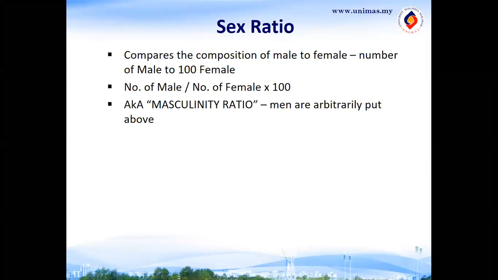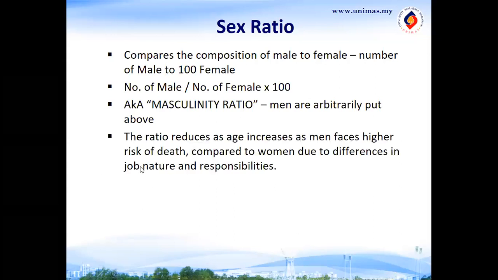In other words, men are arbitrarily put above the number of women, instead of female divided by male. So it's always male over female. The ratio reduces as age increases, as men face higher risk of death.